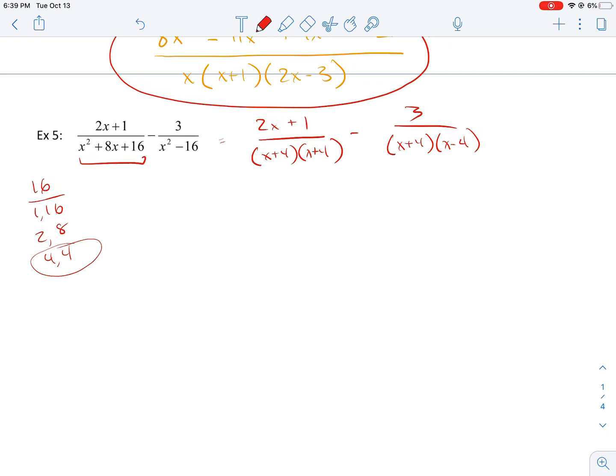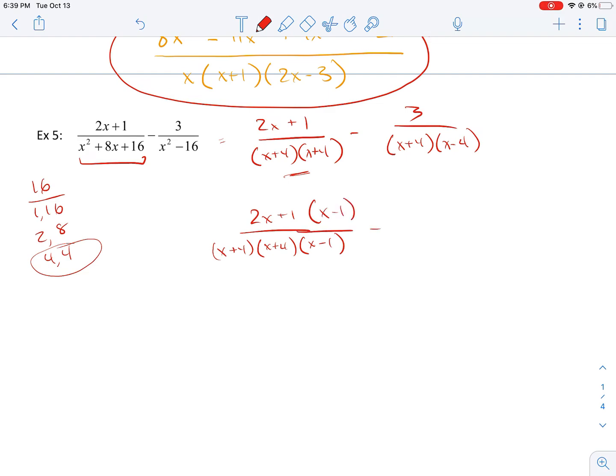Okay, and now let's figure out what we need to multiply here. So we're going to need another one of these x plus 4s in here, because I only have 2 over here, and I don't have an x minus 4. So I'm going to have to keep both of them. I'm going to multiply this side by x minus 4.